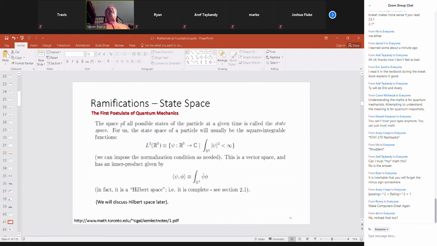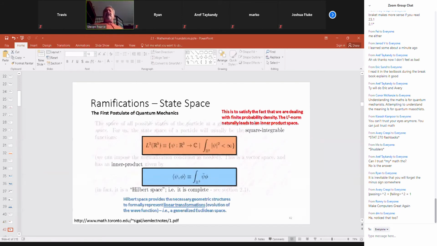Then the first postulate of quantum mechanics basically says that an L2 norm produces a square integrable function. Why? Well, because it's got to be square integrable because it's imposed by this Born rule. It's got to be integrable, meaning that that has a finite probability. Okay, and so what do I have here? Square integrable.